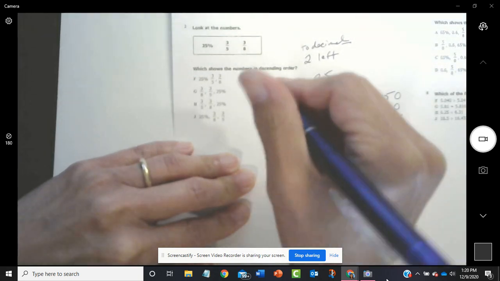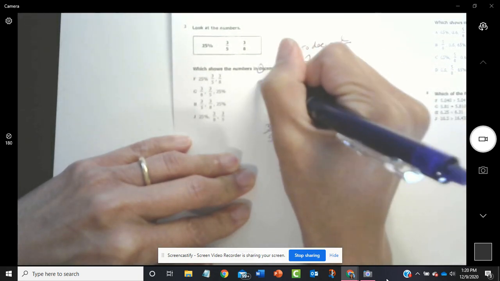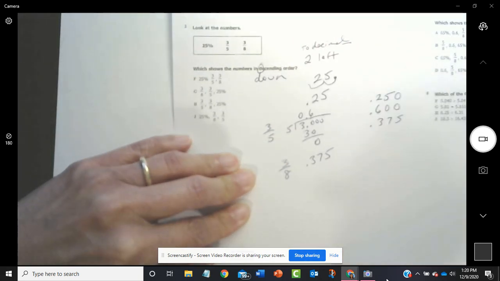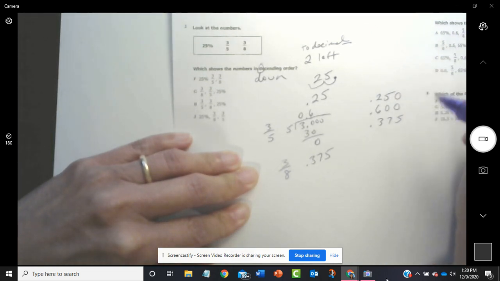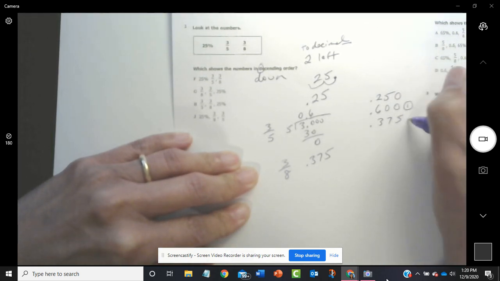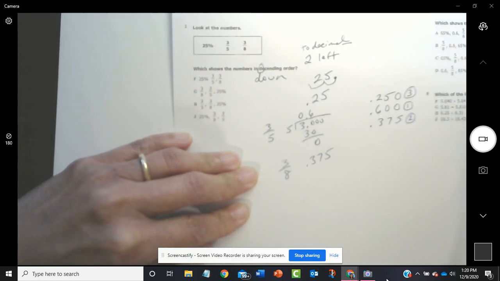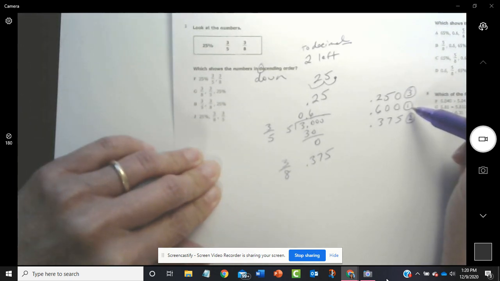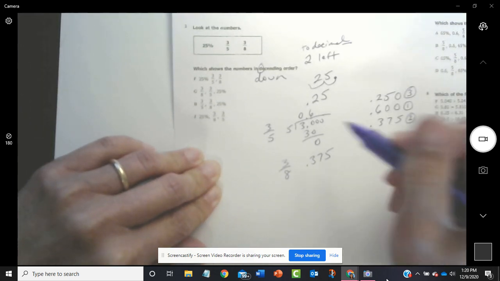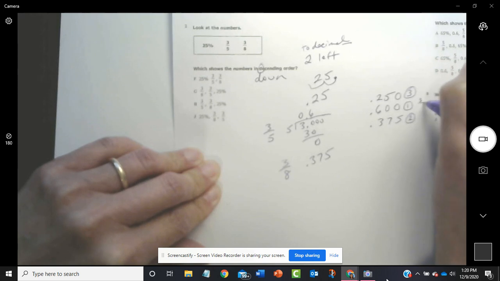And they want to know descending order. D reminds me that it's going down. So I'm going to look at my greatest value, then my second greatest value, and then finally my third, or my least value. So this 0.6 was the same as 3/5.